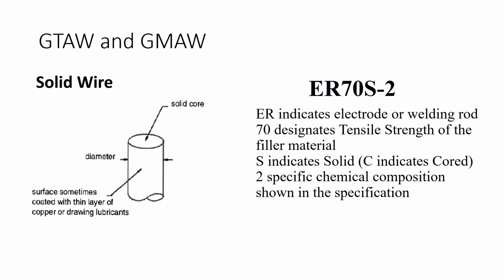So here we have gas tungsten arc welding and gas metal arc welding with carbon steel. We already looked at this. We've got the ER, electrode and rod, and then we've got the tensile strength. And then we have the S that tells us it's a solid wire. And then the 2 tells us the specific chemical composition that's going to be laid out in the specification.